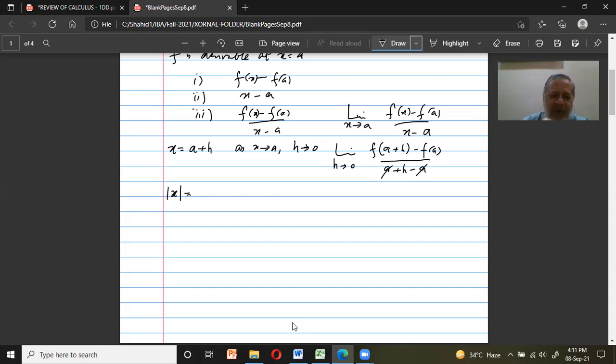Whenever the input is positive, the output is also positive. But whenever the input is negative, output is again positive. That means one branch is y is equal to x, one branch is y is equal to minus x. So that the graph is something like this.